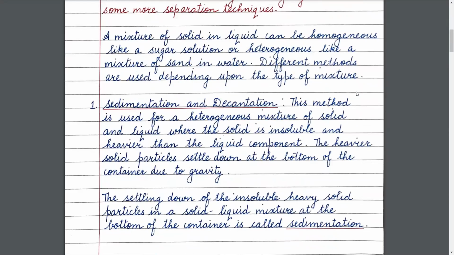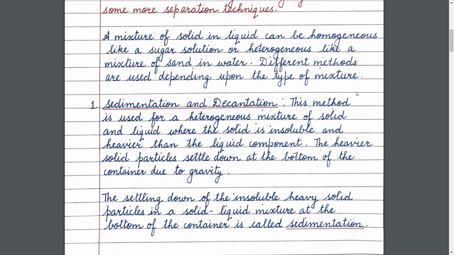So the first method that we are going to discuss here is sedimentation and decantation. This method is used for a heterogeneous mixture of solid and liquid, where the solid is insoluble and heavier than the liquid component.